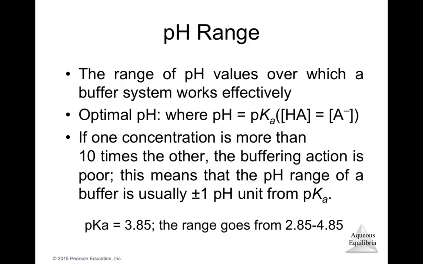The range for the system to work effectively will be from 2.85 to 4.85. That's the pH range for this buffer to work effectively against any drastic change from adding a strong acid or strong base to that buffer.